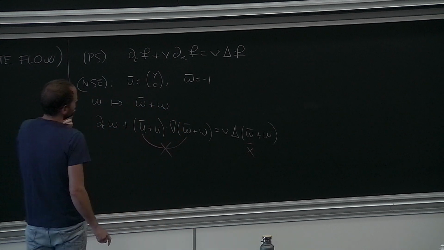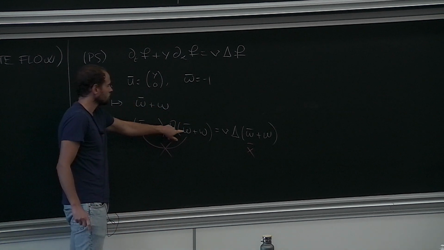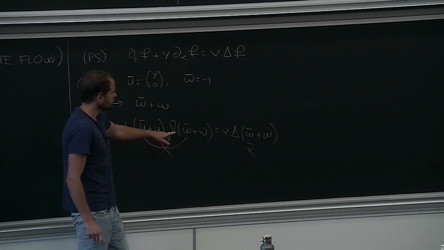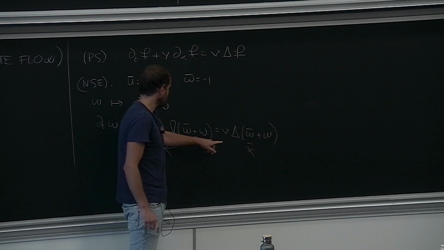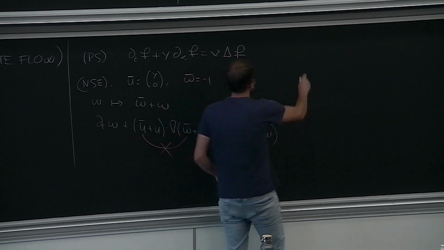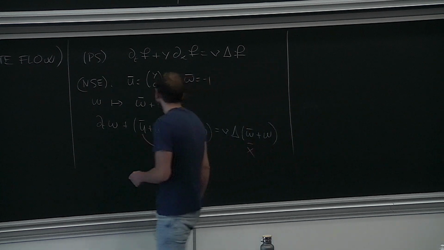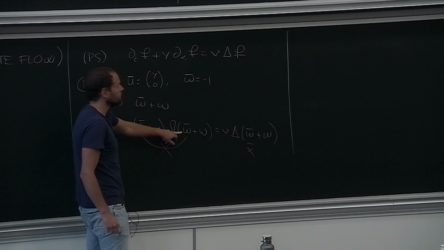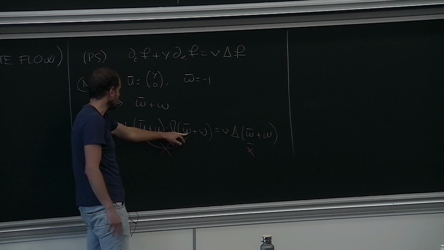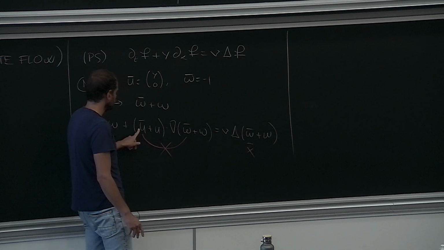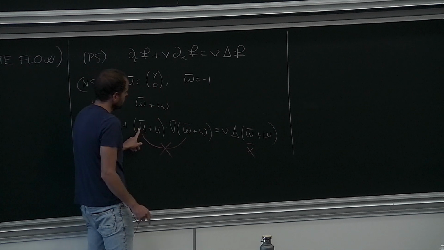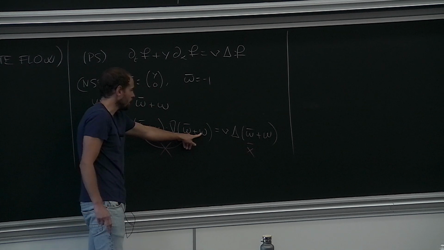I'm left with two linear terms in general and the nonlinear term, u dot grad omega. Two linear terms because I have a quadratic nonlinearity. But in this case, omega bar is minus 1, so the gradient of omega bar will disappear. All I'm left with is u bar, which is (y, 0), dot the gradient of omega.